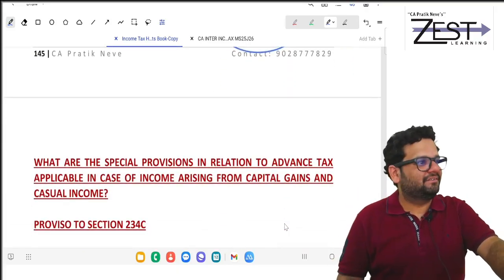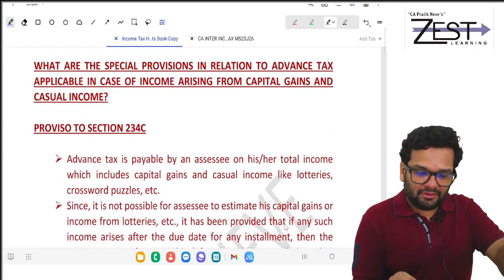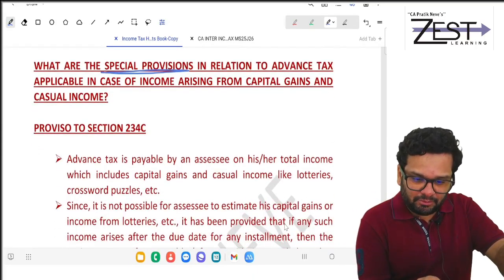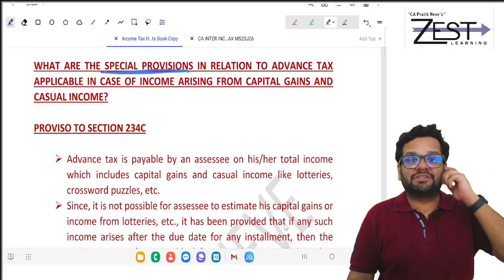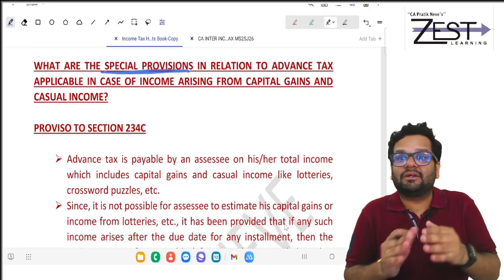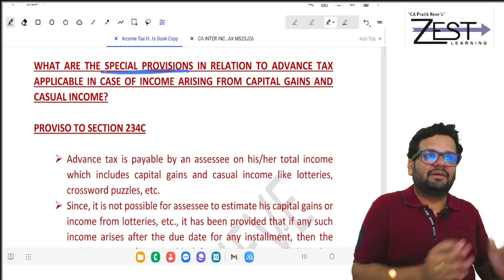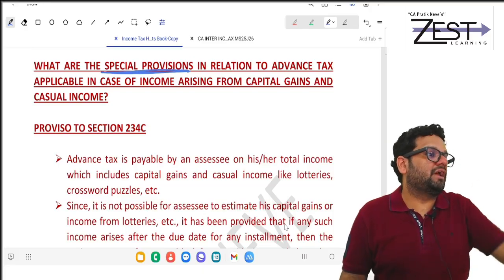So 234C, B, A. All covered? Now, go to special provisions. There are some incomes which government says you get randomly. You cannot estimate them. See, if it's my business, I may be able to estimate what profit I will make.